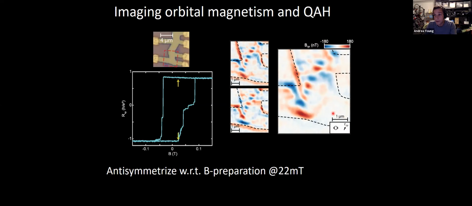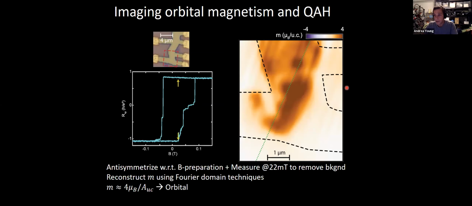Now, if you have the derivative of the DC magnetic field everywhere, then you can use standard Fourier domain techniques to reconstruct the DC magnetic field, and then, assuming out of plane magnetic moments only, the underlying magnetization density, which is what we want.